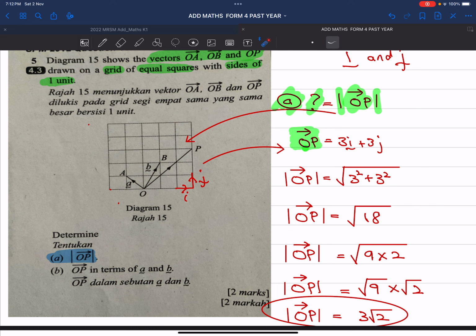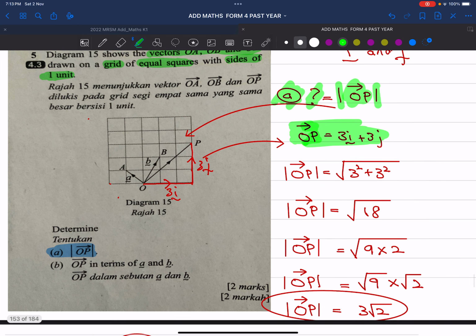To find the vector OP, we go to the straight line OP, and you will notice that it is 1i, 2i, 3i. So this is going to the right 3i, and going up 1j, 2j, 3j, that would be 3j. Therefore, the vector OP is 3i plus 3j.